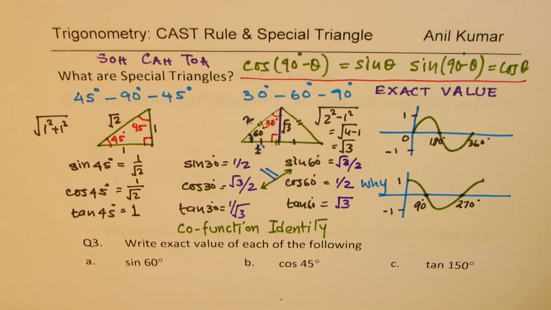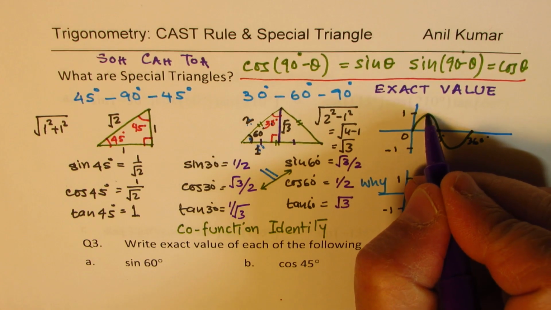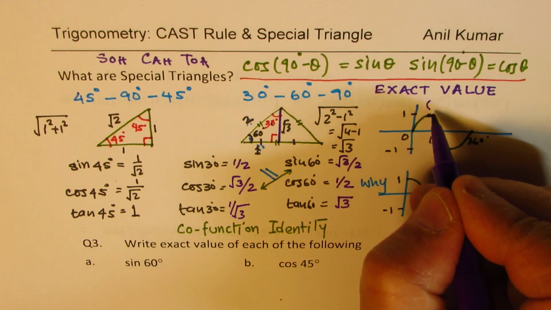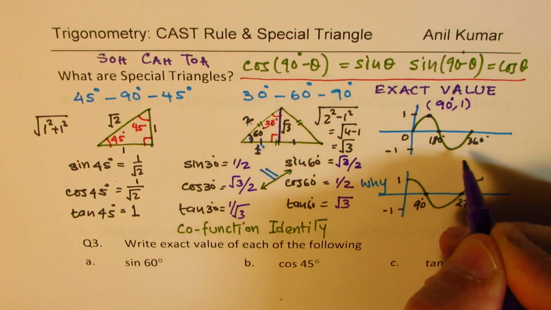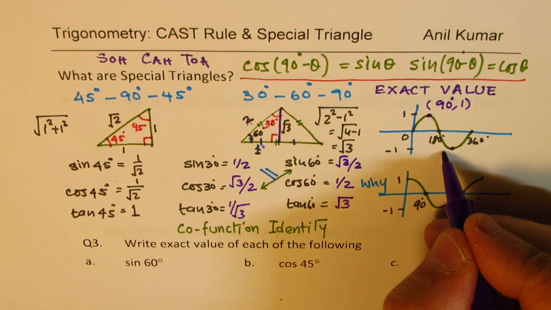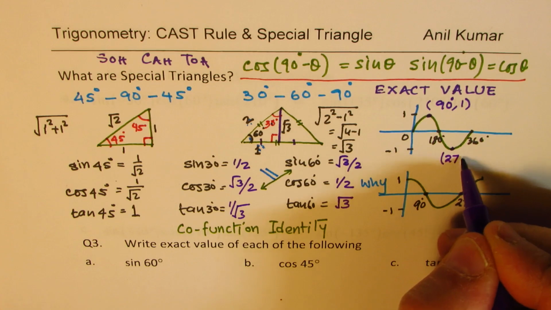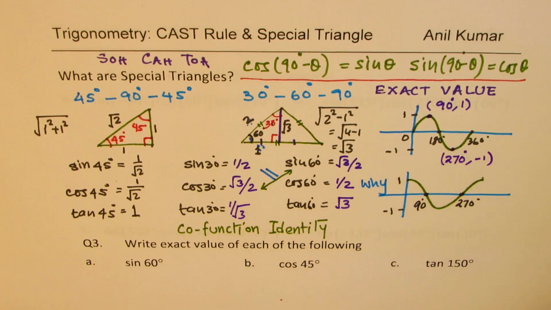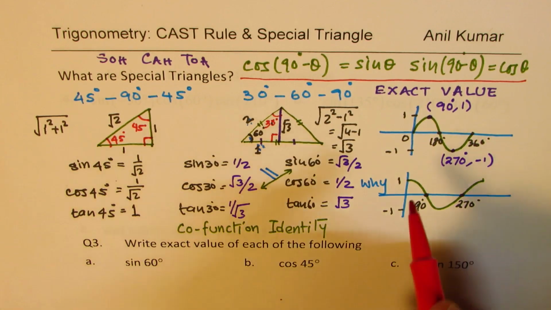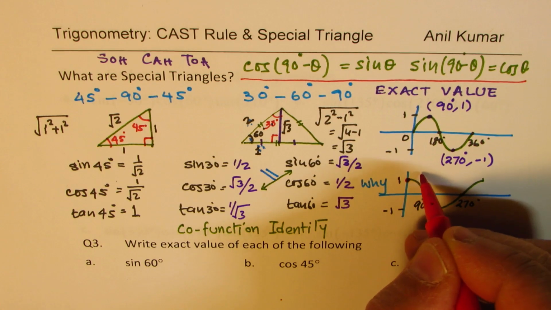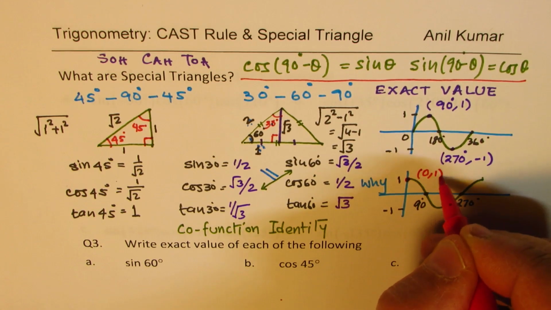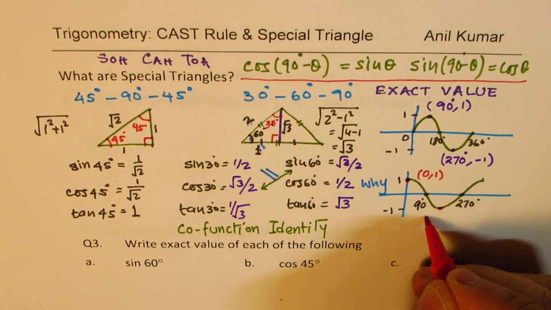Now what are the maximums? So the maximum value for sine is at 90 degrees and the value is 1. The minimum value for sine is at 270 degrees and is -1. Is that clear to you? As far as cosine is concerned, the maximum value is at 0. So this maximum value is at 0 and the value is 1. The minimum value is at 180.